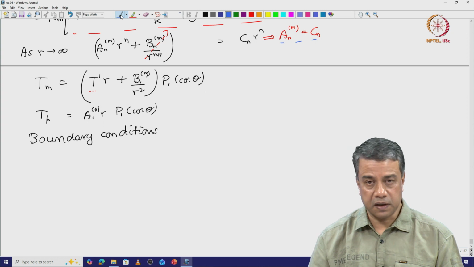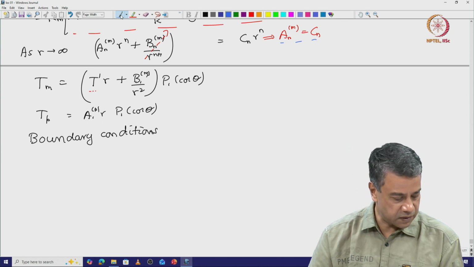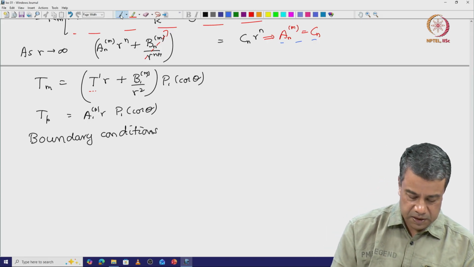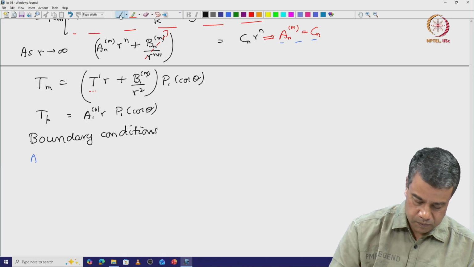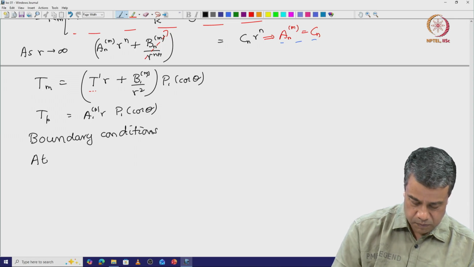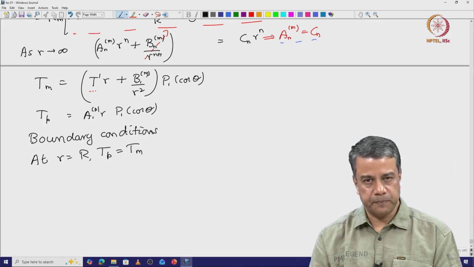And now I have to enforce the interface boundary conditions. Okay. At r is equal to R, T particle is equal to T matrix. Okay.